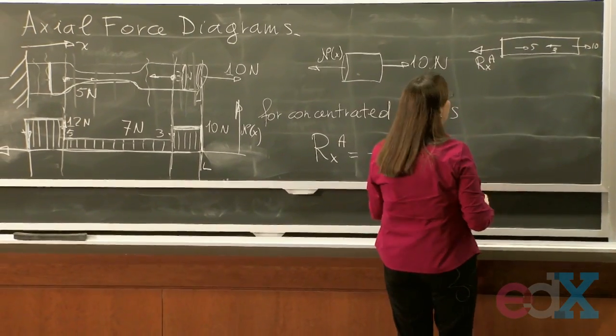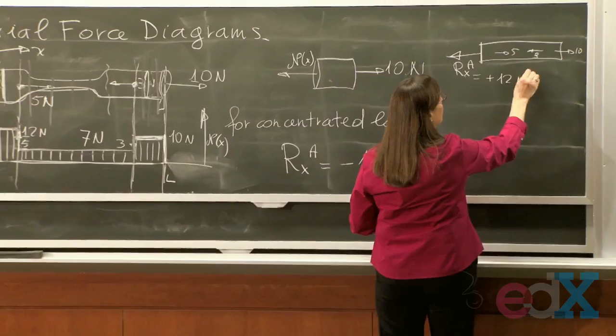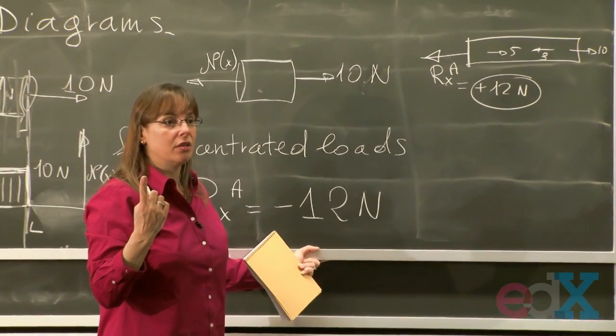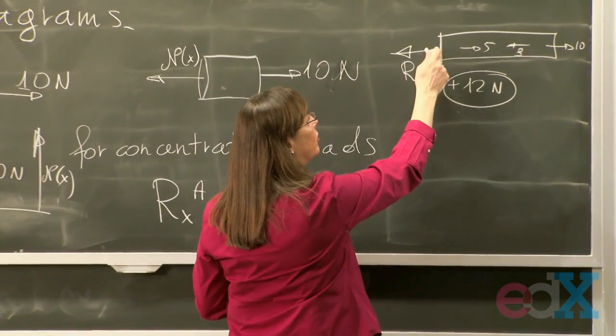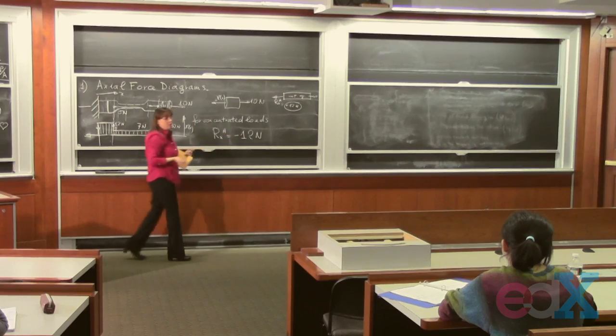What is going to be my Rxa? It's going to be plus 12 newtons, right? It's still going to work out because the solution is still going to tell me that the wall is pulling me this way, okay?